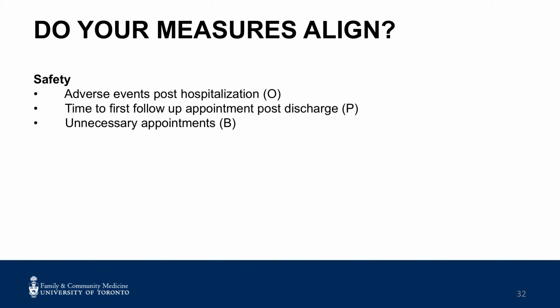The balance measure accounts for unnecessary appointments. How many patients come to the clinic post-discharge for follow-up but have no concerns? Should we follow up for the sake of following up or because there is a risk? A common measurement in Ontario is 7-day follow-up appointment with primary care post-discharge from hospital.